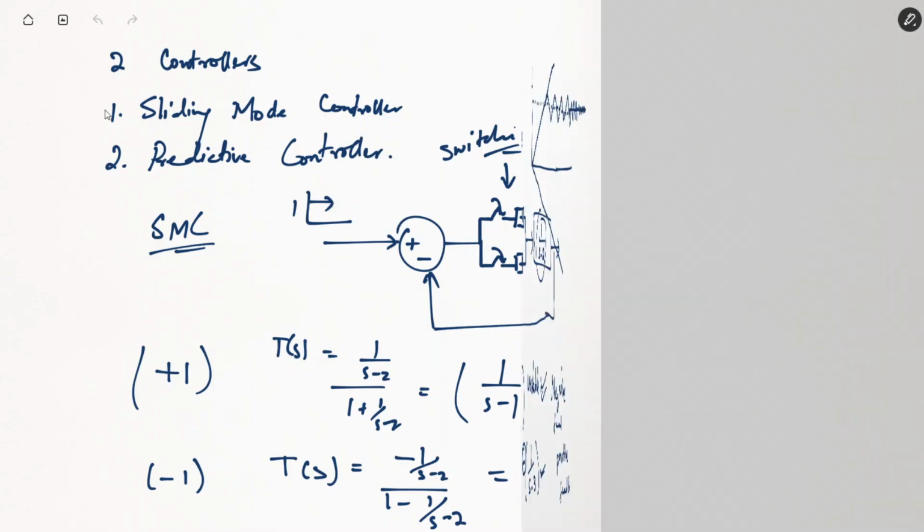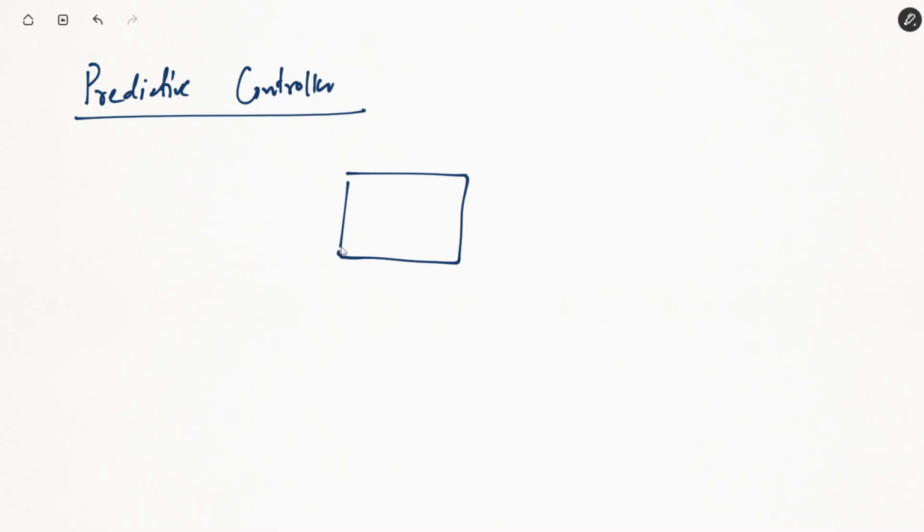Secondly, we'll be studying a predictive controller. The most commonly used predictive controller is a model predictive controller.